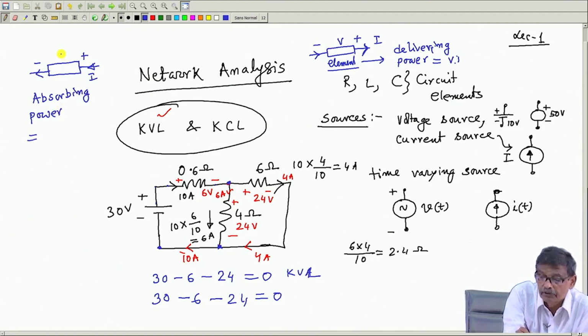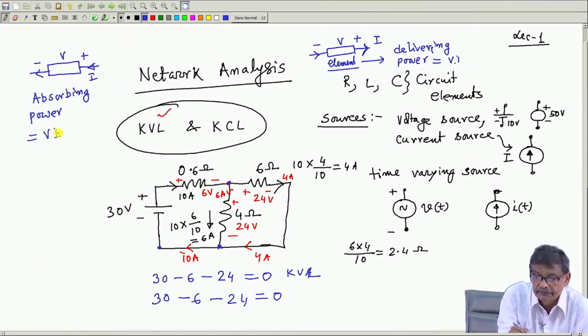And the value of this absorbing power will be this voltage with this polarity times I. That is the thing.